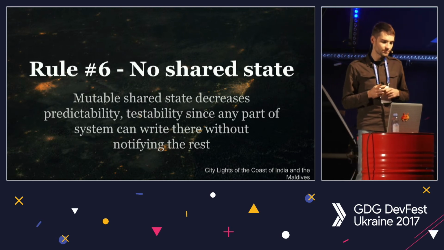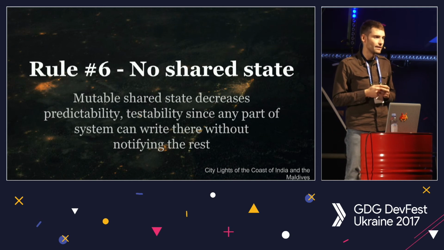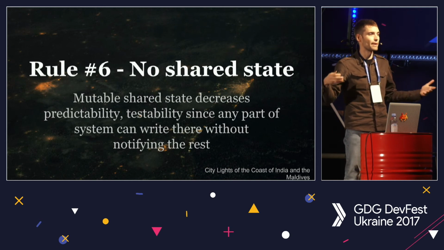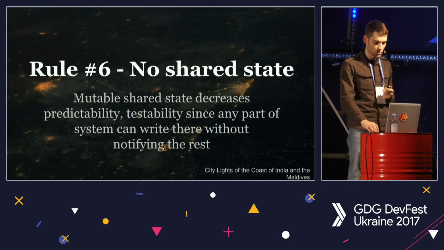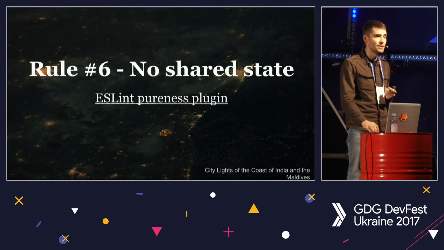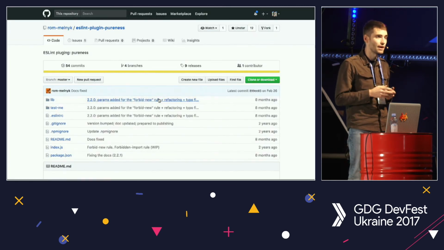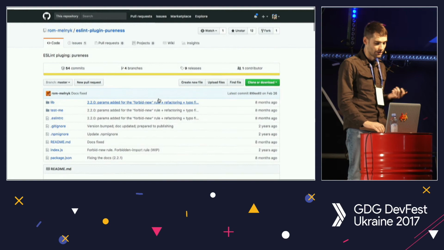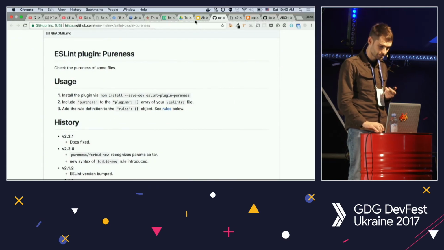So mutable shared state decreases predictability, for the reasons that some parts of application can independently, without notifying each other, change shared state. So no shared state. And here, if you use React, nice thing to try is the ESLint pureness plugin. You can apply to your reducers and basically avoid side effects.